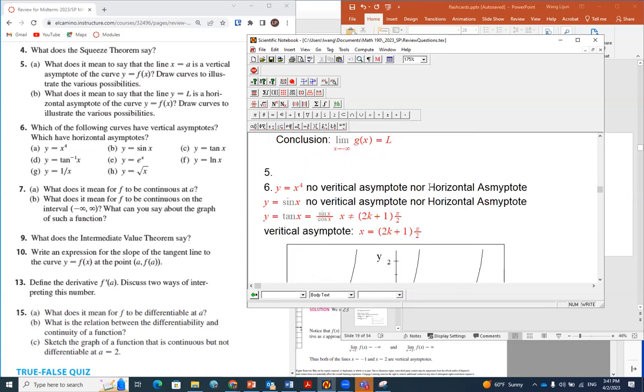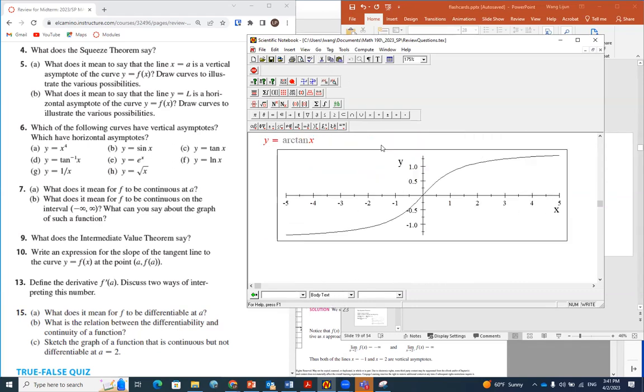It has 2 horizontal asymptotes. The horizontal asymptotes, they're plural, are y equals plus pi over 2 or minus pi over 2. Right? There's 2 of them.